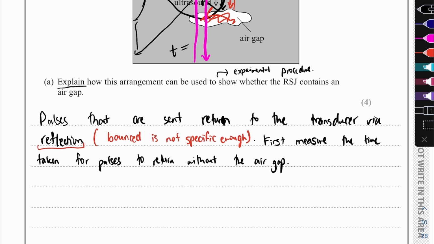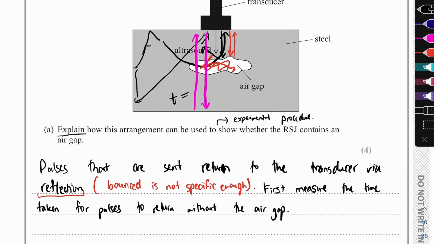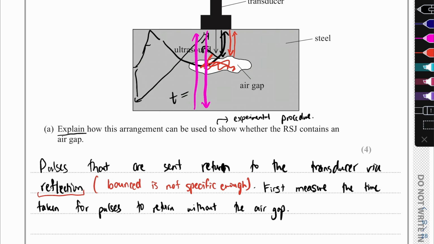Then, if there are air gaps present, what will happen? This time will be smaller, right? This time I'm going to call capital T. So capital T will be smaller than small t, much smaller, because the distance traveled is much less compared to if there was no air gap.